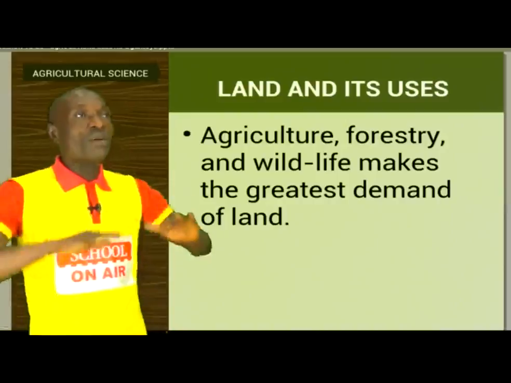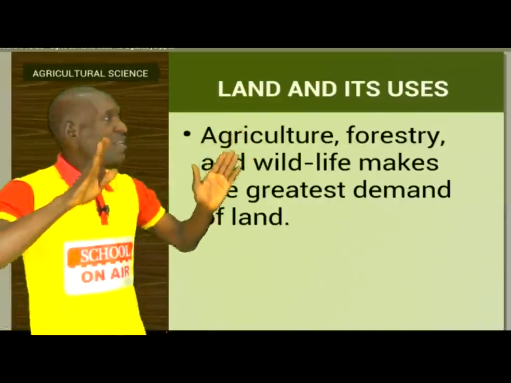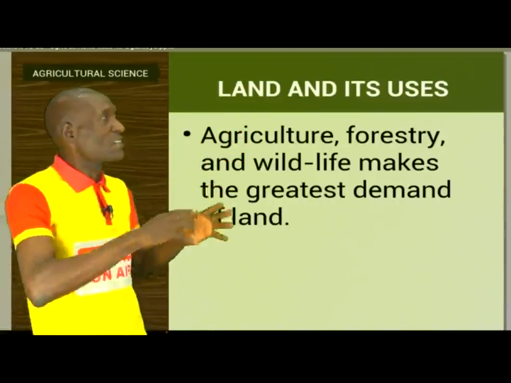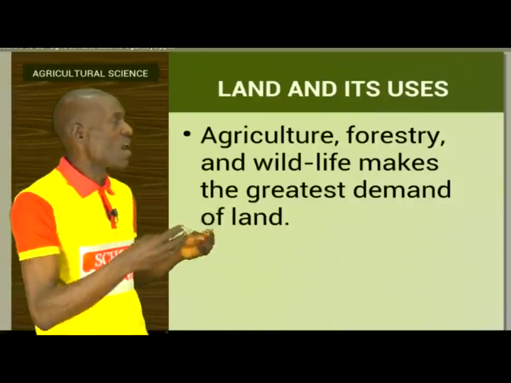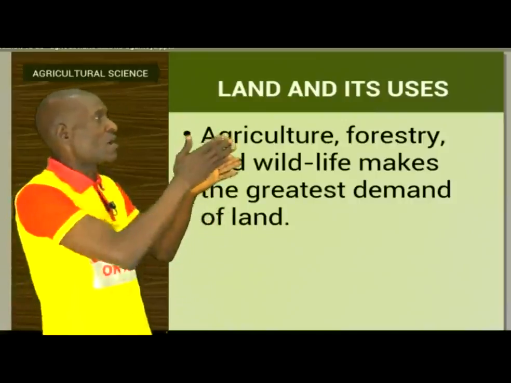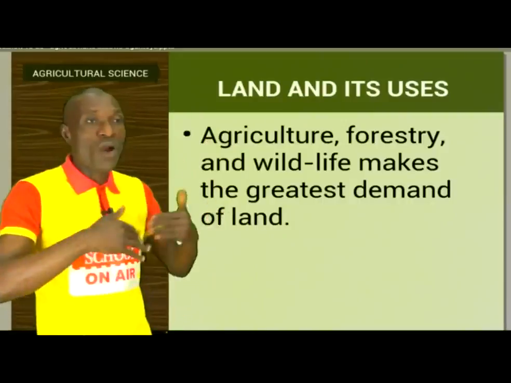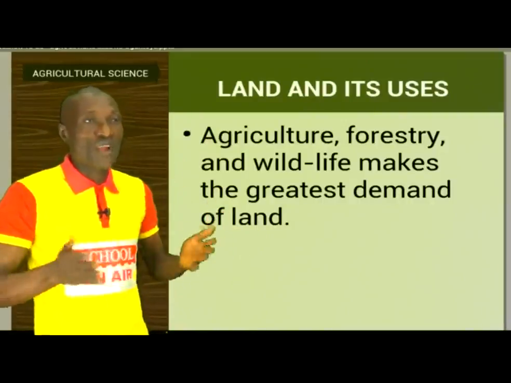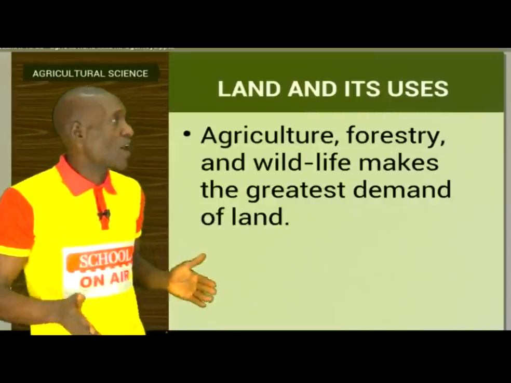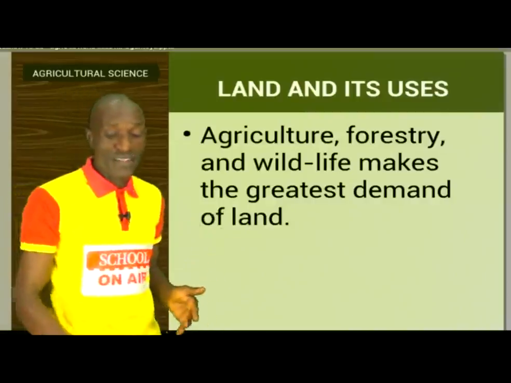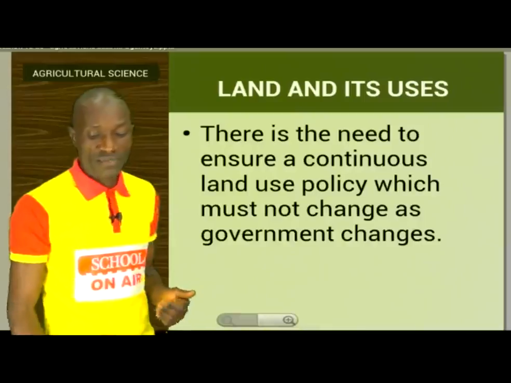That means when we are making use of land, the ones that attract most patronage are agriculture, forestry, and wildlife, because they require a large expanse of land for their operation. And so they make the greatest demand of land.